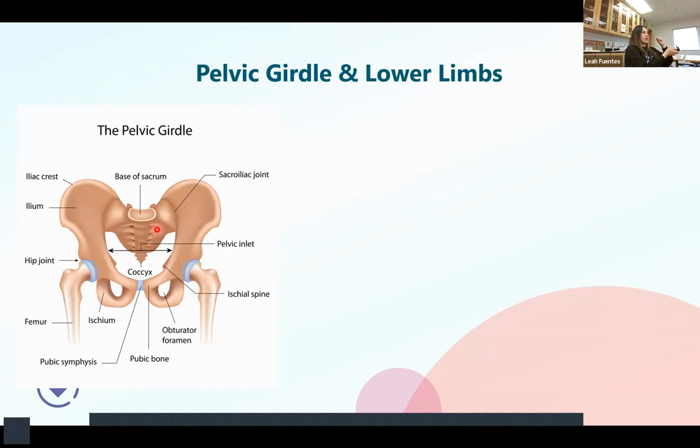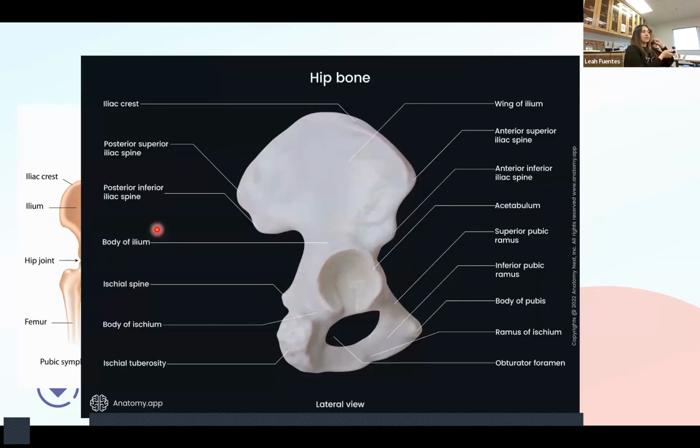So we have our iliac crest, our ilium right here, our hip joint, which is our femur in our acetabulum, which you'll see in a bit, our ischium, and then our pubis. So the 2 os cox and the sacrum together, that's your pelvic girdle. If we're just looking at one side of the hip bone, that's the coxal bone or os cox.